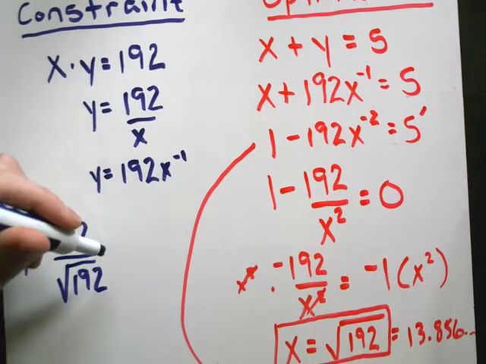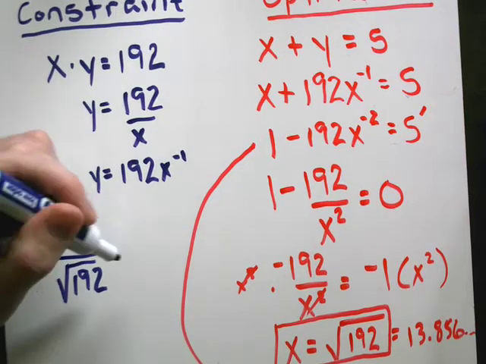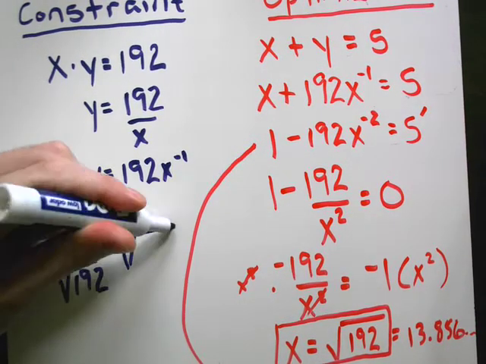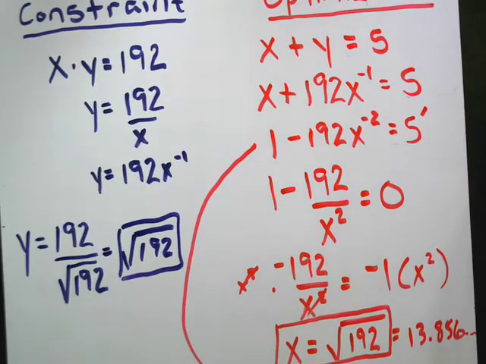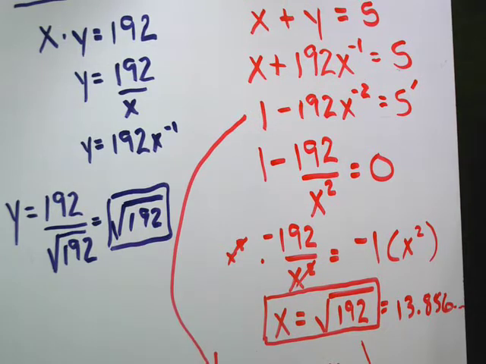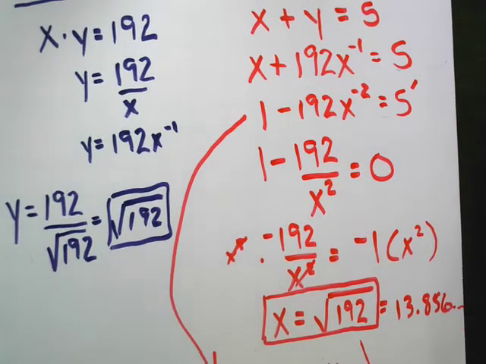By the time you do that in your calculator, you get 13.856 dot dot dot, which is the same thing as square root of 192, okay? So the two values whose product is 192 and whose sum is a minimum is, here's your y, and here's your x, okay? So let's do one more example together, okay?